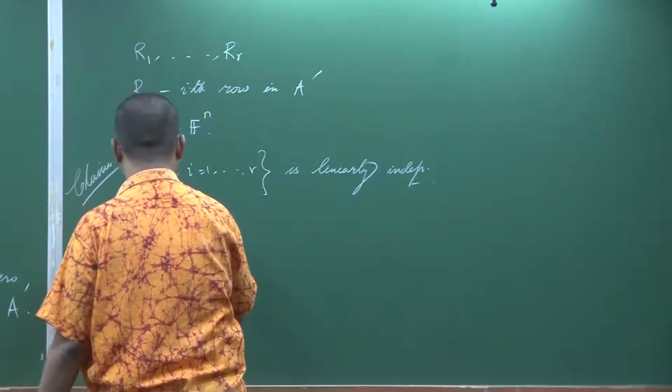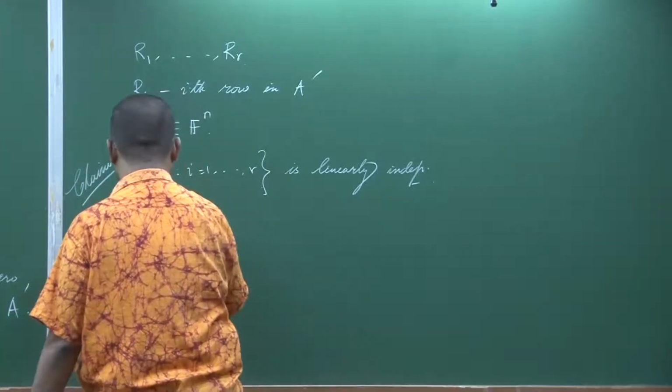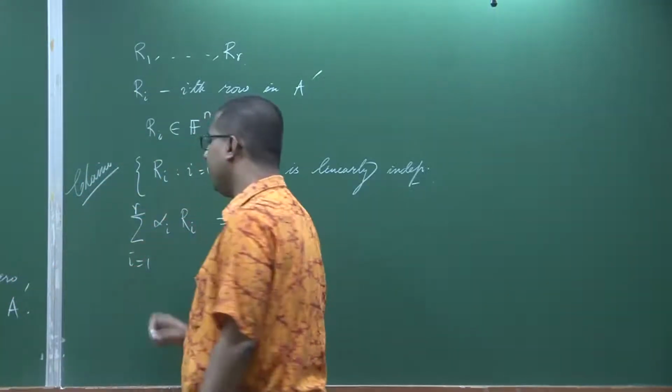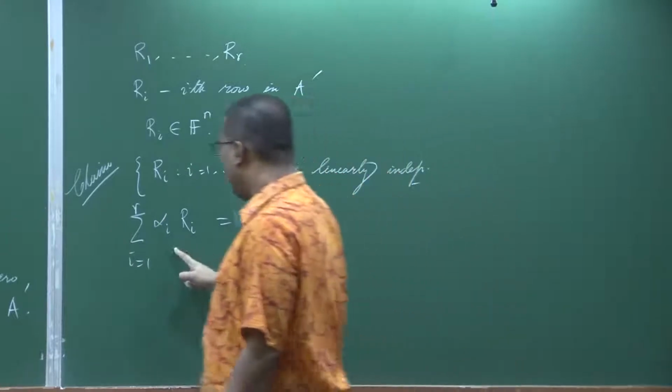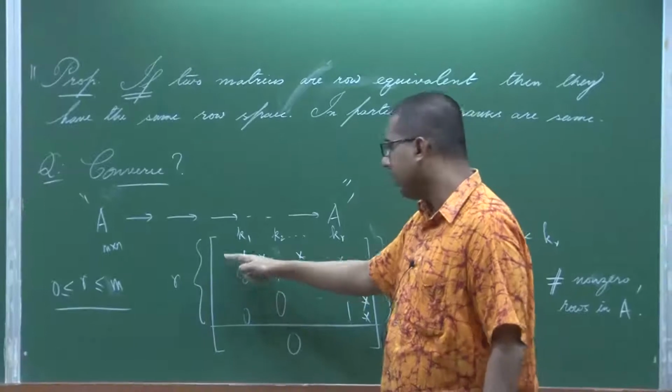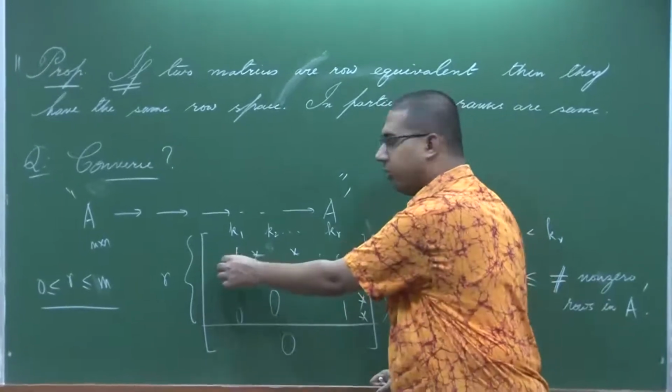Suppose the summation of alpha i Ri, i from 1 up to R, is 0. From here we have to conclude each alpha is 0. Now, when you multiply this vector with alpha i, you see the first non-zero coordinate.